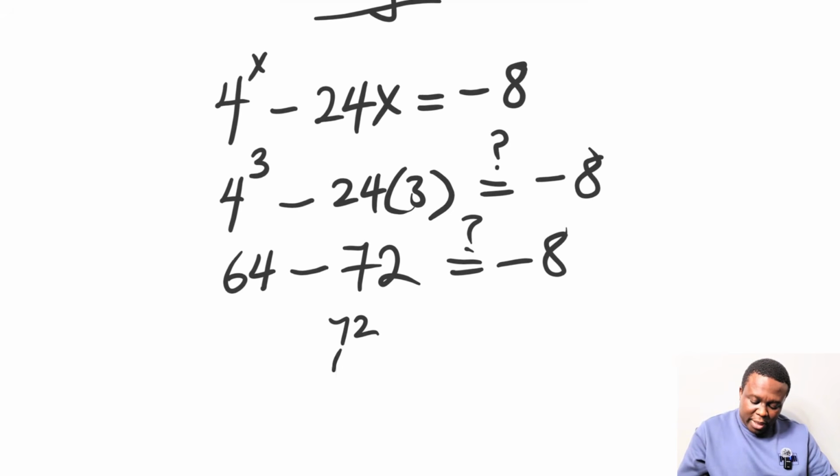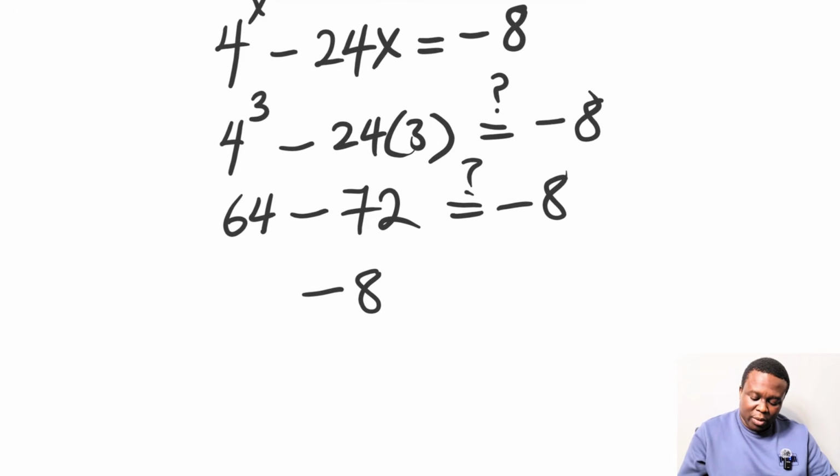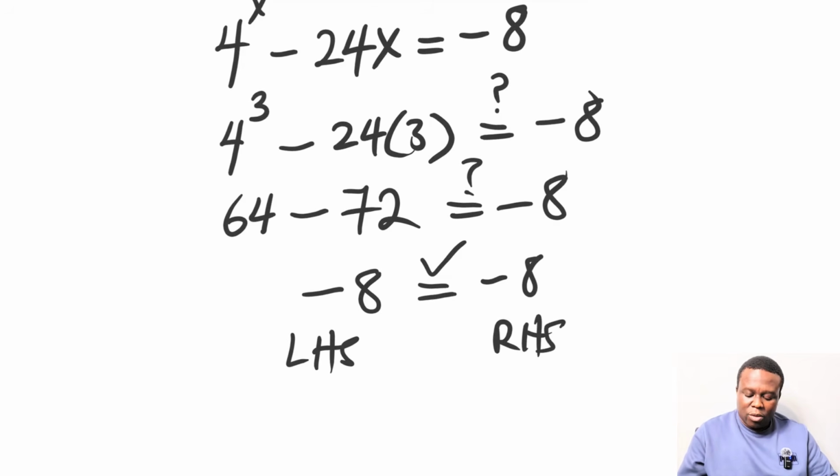So 72 and 64, 12 from 4 is 8, but because 64 is on the left side, it's minus 8. 64 is less than 72, and we can see that our left-hand side is equal to our right-hand side. Therefore, the value of x, which is equal to 3, is the correct answer.